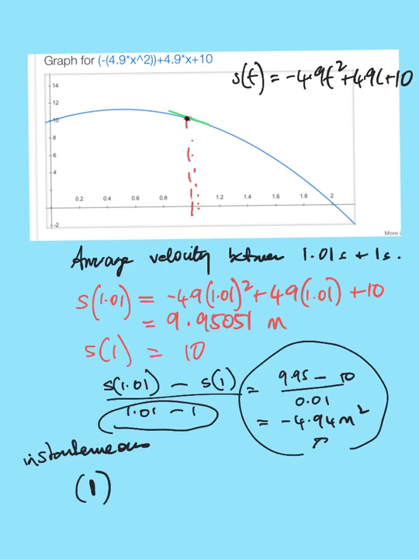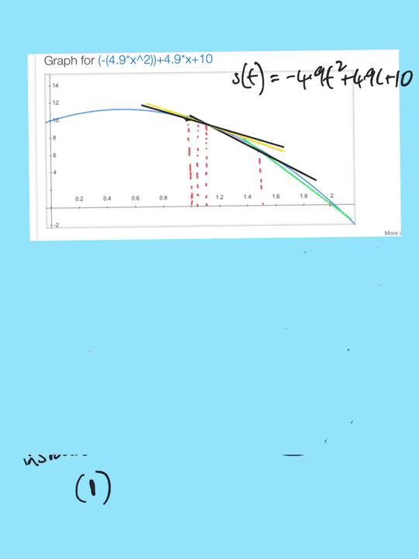So this is where we need to differentiate this equation. You'll notice that as we've been getting closer and closer to 1, we started at 2 and then 1.5 and then 1.1 and then 1.01. The tangents are getting closer and closer to being the tangent at the point at 1, and that's what we're aiming for here.